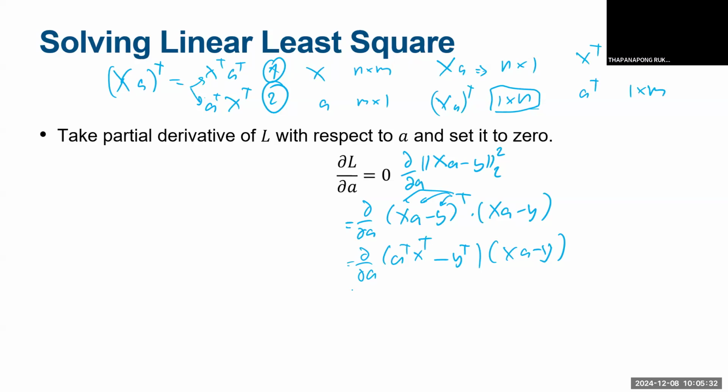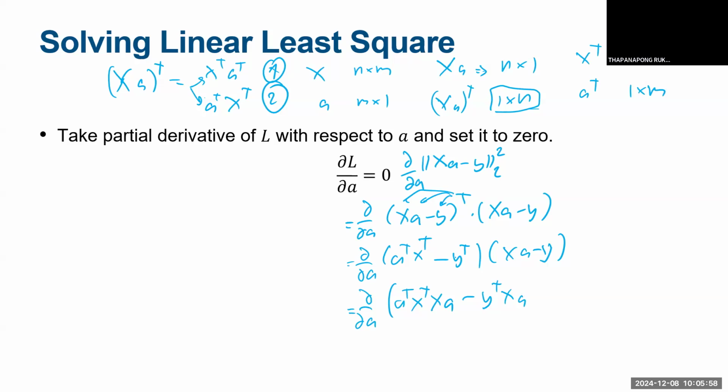And then we just multiply out these two. What do we get? I get A transpose X transpose XA, the first term, and then we have minus Y transpose XA.